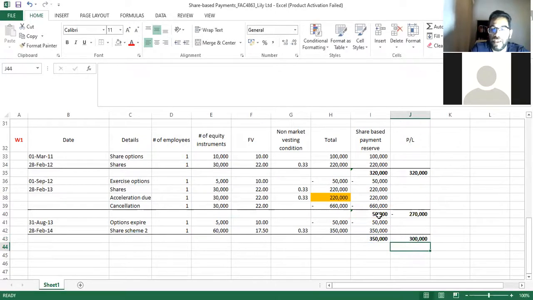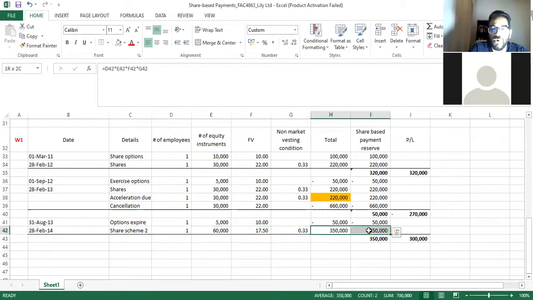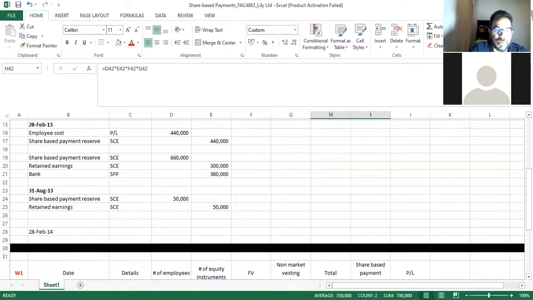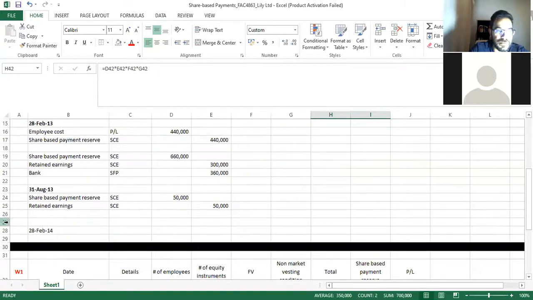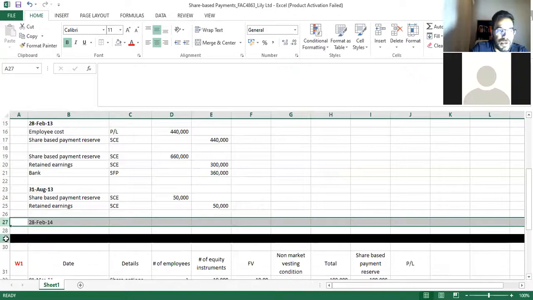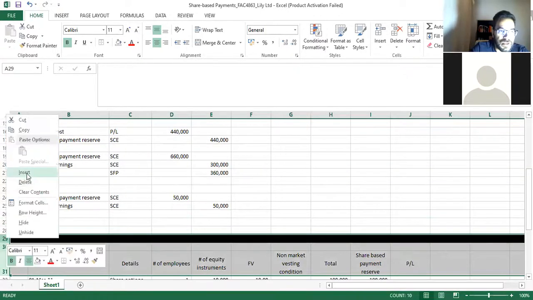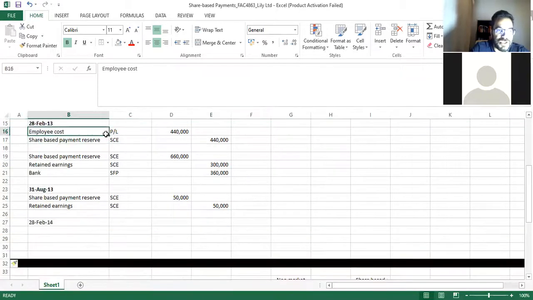But remember, the way we process journal entries is for each transaction. So we already done the 50,000 Rand. We're now going to do the 350. So if we go back to the top, on 28 February, we would simply have this journal entry.